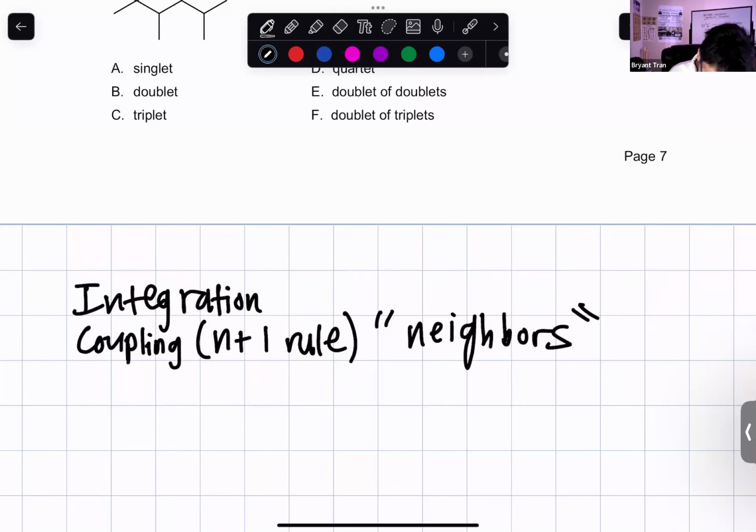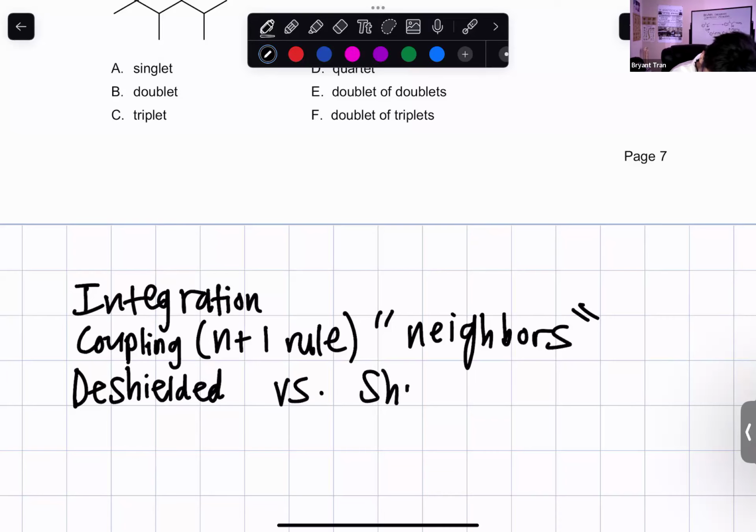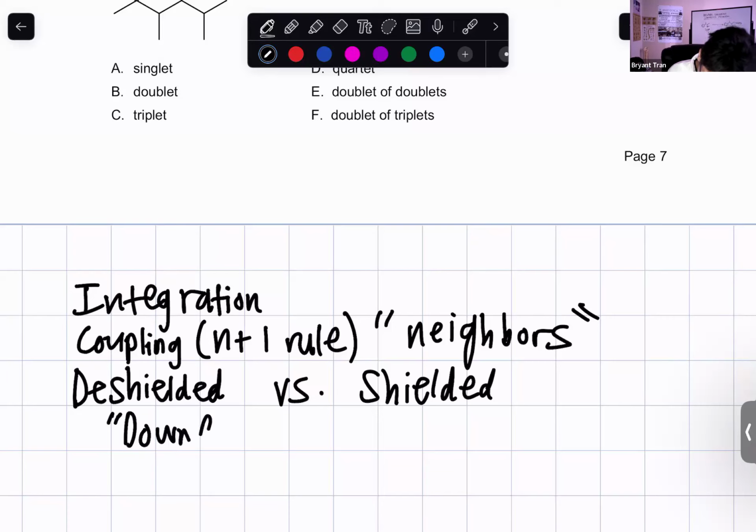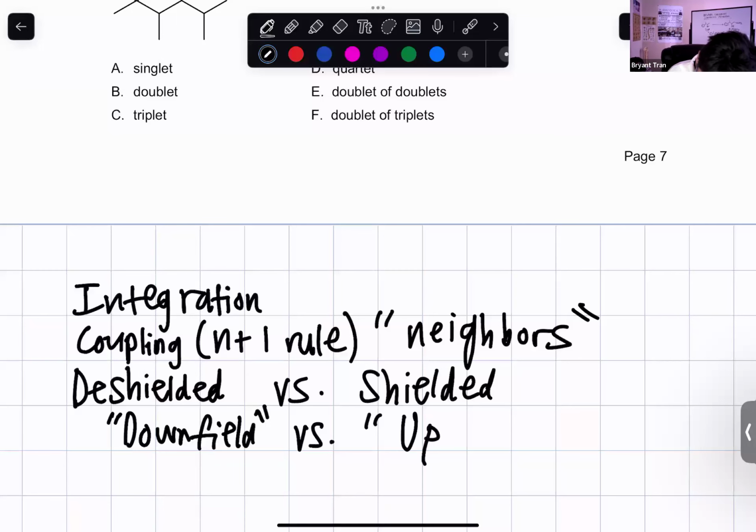There's de-shielded versus shielded, the range, aka downfield or upfield. The more common term is de-shielded versus shielded.